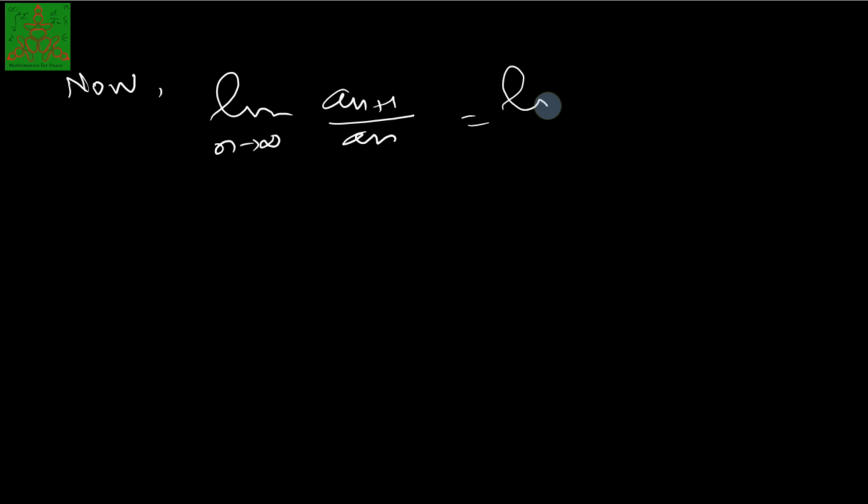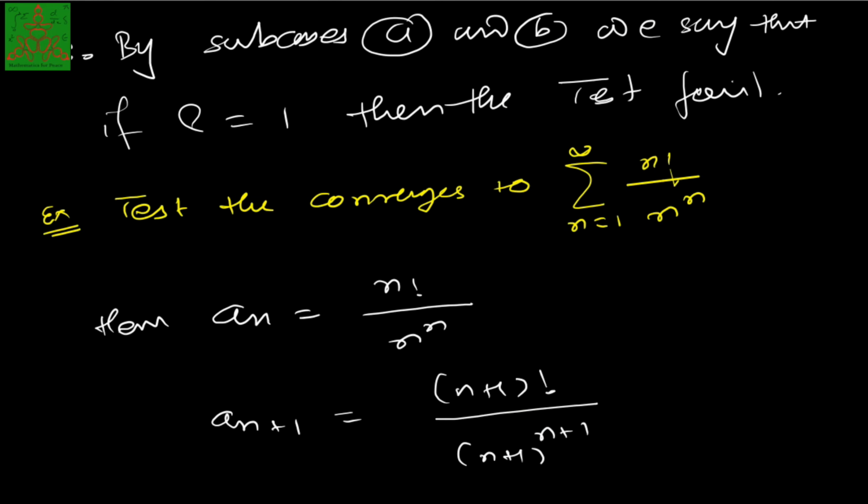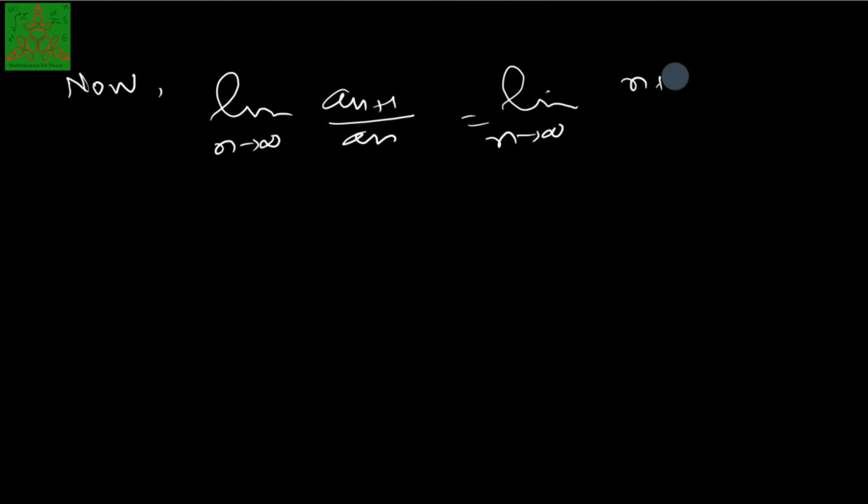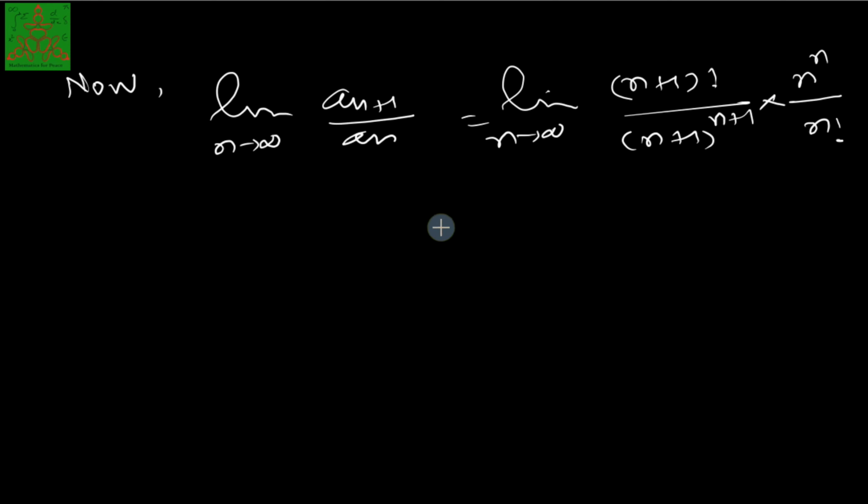That is the limit as n tends to infinity of n plus 1 factorial upon n plus 1 power n plus 1, into n power n in the numerator, since the denominator an is n factorial and it goes into the numerator.